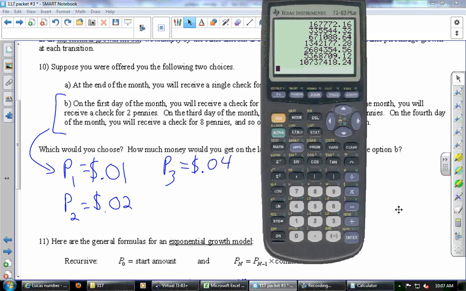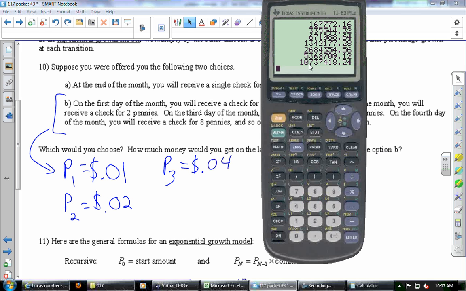How much is that? Is that right? 100. How much is that? 10 million. That's dollars. I started with $0.01. It's been dollars the whole time. So on the 31st day, you get a check for 10 million.